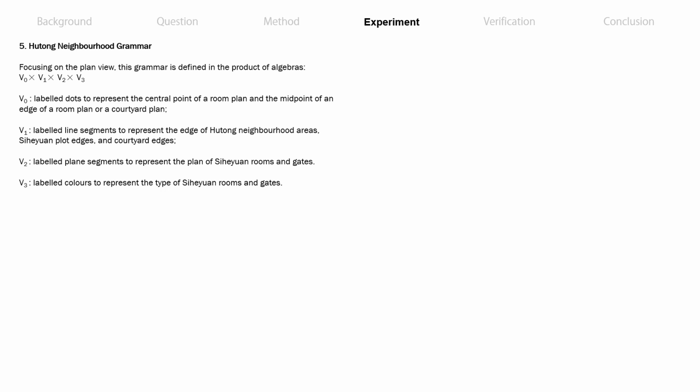V1 indicates labeled line segments to represent the edges of Hutong neighborhoods, Siheyuan plot edges and courtyard edges. V2 indicates labeled plan segments to represent the plan of Siheyuan rooms and gates. V3 indicates labeled colors to represent the type of Siheyuan rooms and gates.